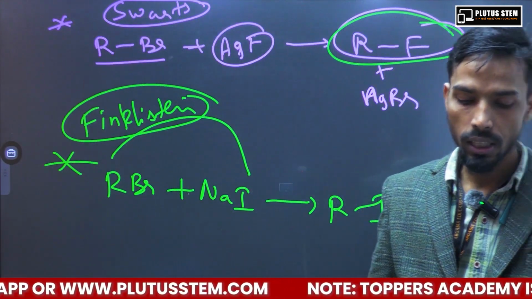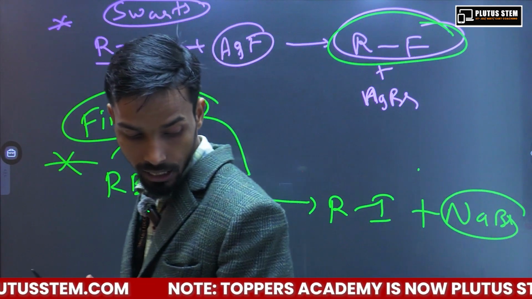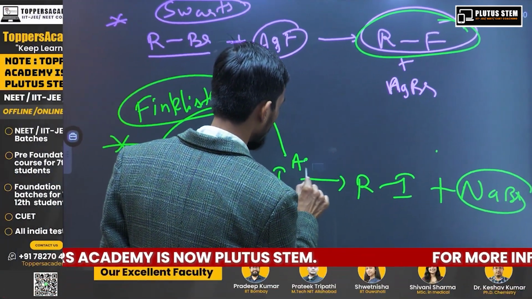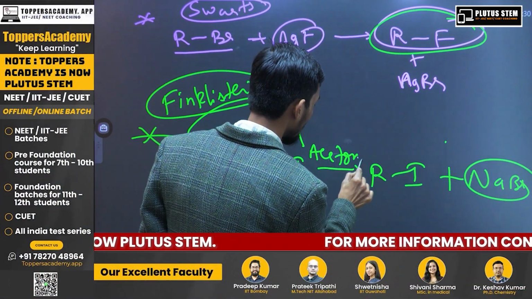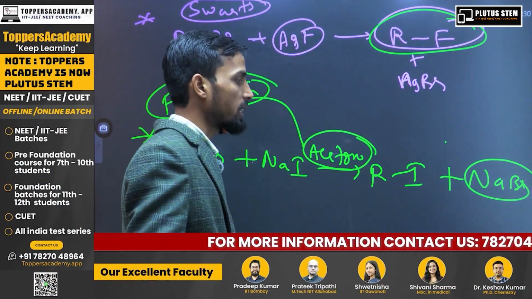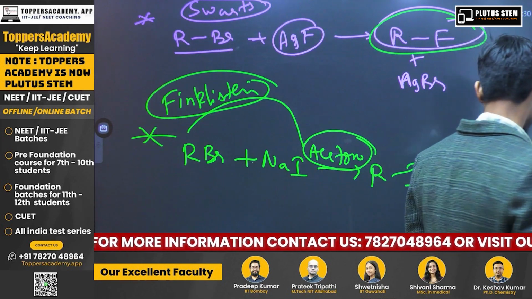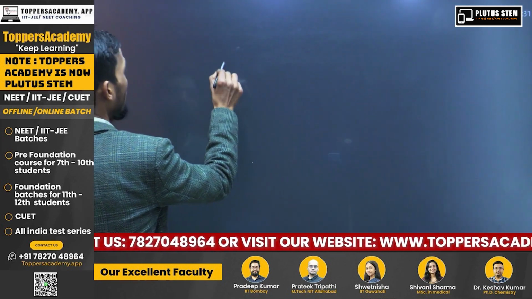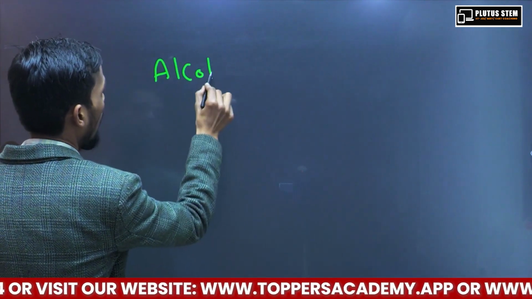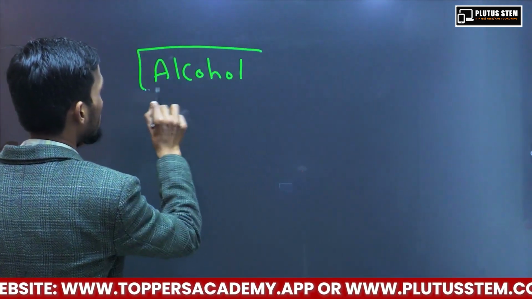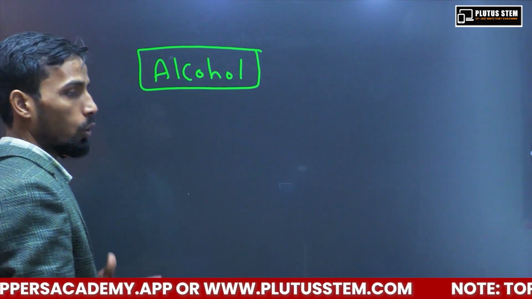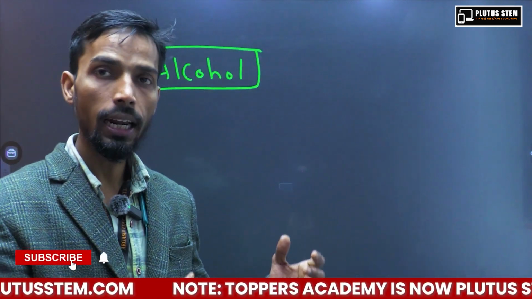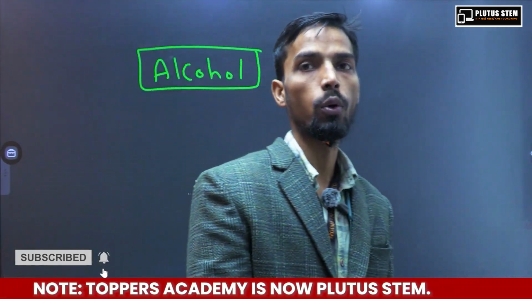In RBr with NaI, the main thing is acetone. This reaction generally takes place in the presence of acetone. So this was from this class. In the next lecture, we are going to discuss how we can prepare these alkyl halides from alcohol, and after that we will discuss aryl halide preparation. That's all for today. Thank you.